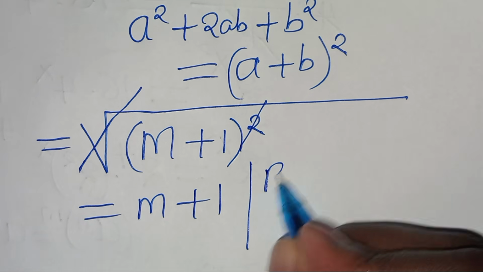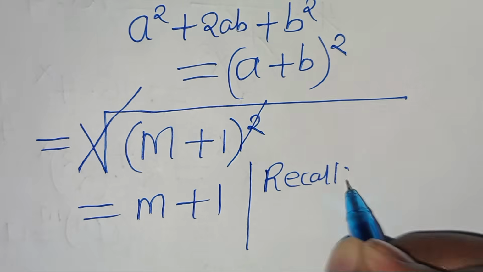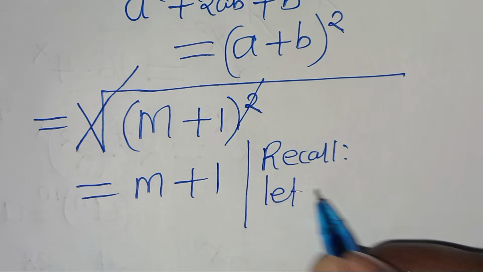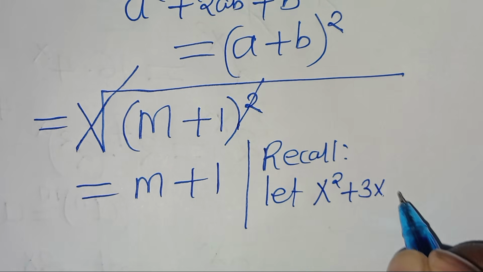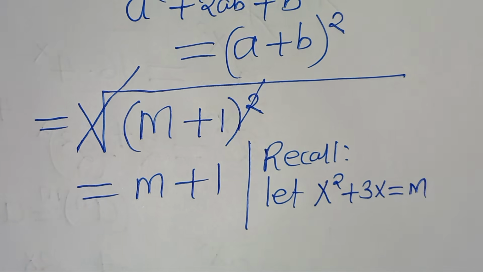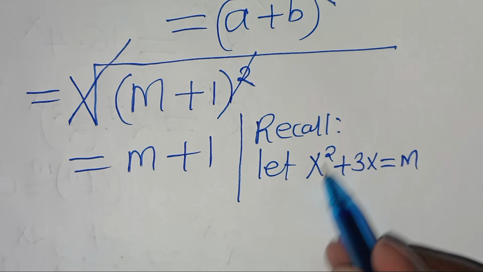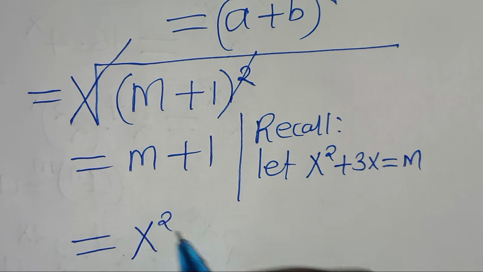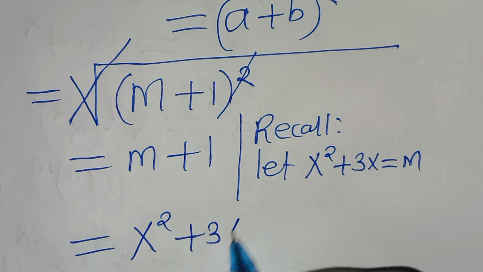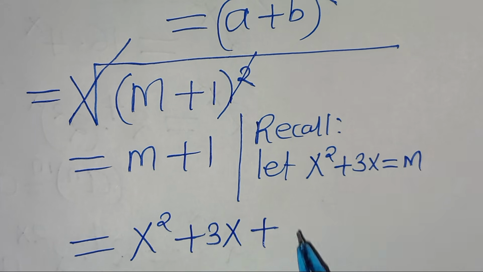And now if you recall, we are saying that we let x to the power of 2 plus 3x be equal to m. Let's substitute m with x squared plus 3x, so that now we have x to the power of 2 plus 3x, then plus 1.